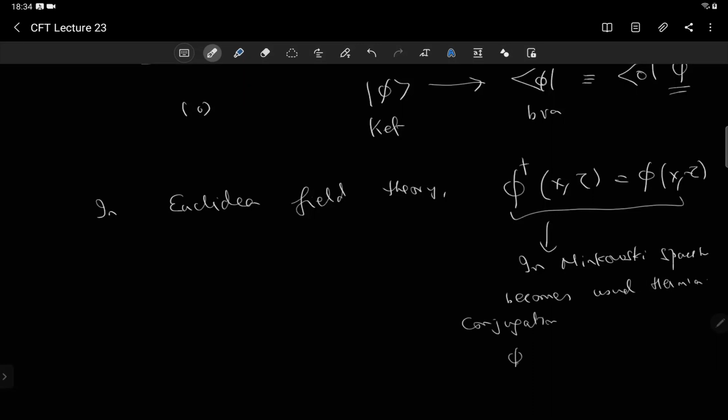And in particular, a Hermitian field will then satisfy this in Minkowski space. So if you demand this to be the definition of a Hermitian field, then the corresponding definition in the Euclidean field will be x, there will be a minus sign in front of the tau.